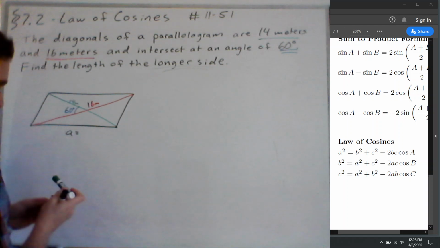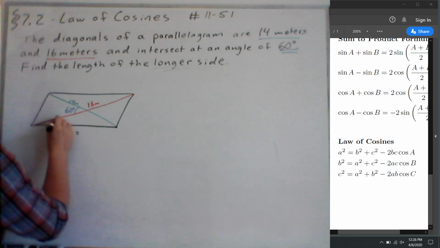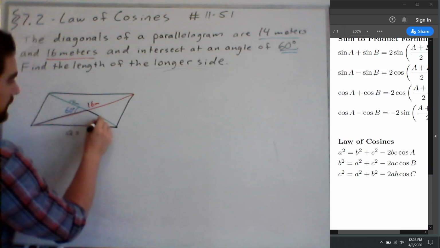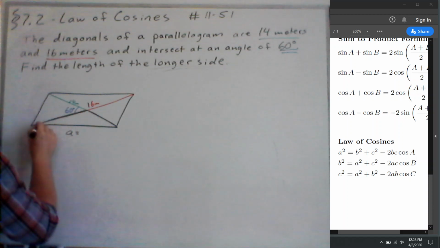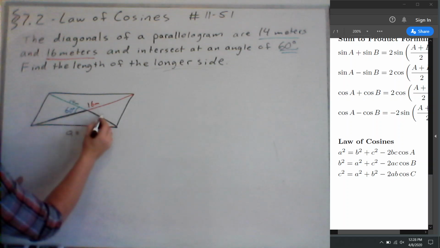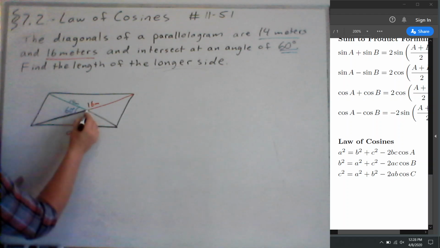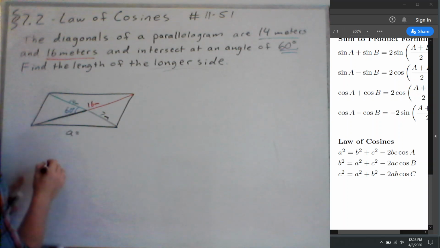What I'm going to do is focus on this triangle right here. I don't need to use the whole parallelogram. I'm just going to focus on this triangle on the bottom, which means I know that this side over here is half of 14. It should be 7 meters.